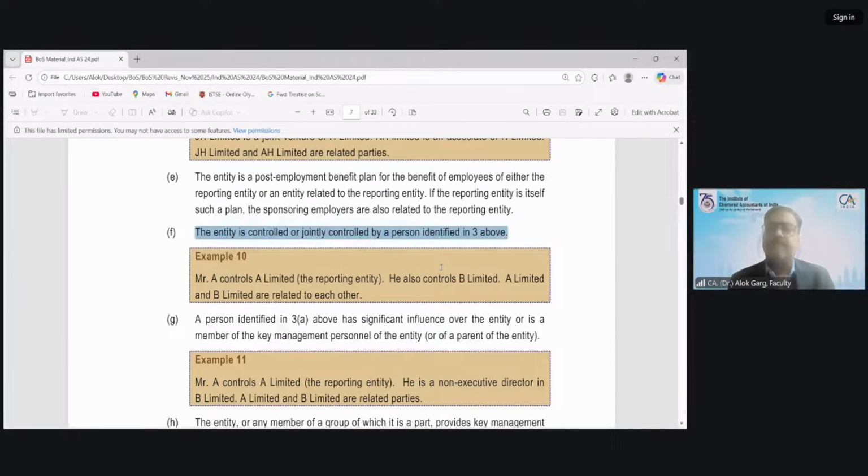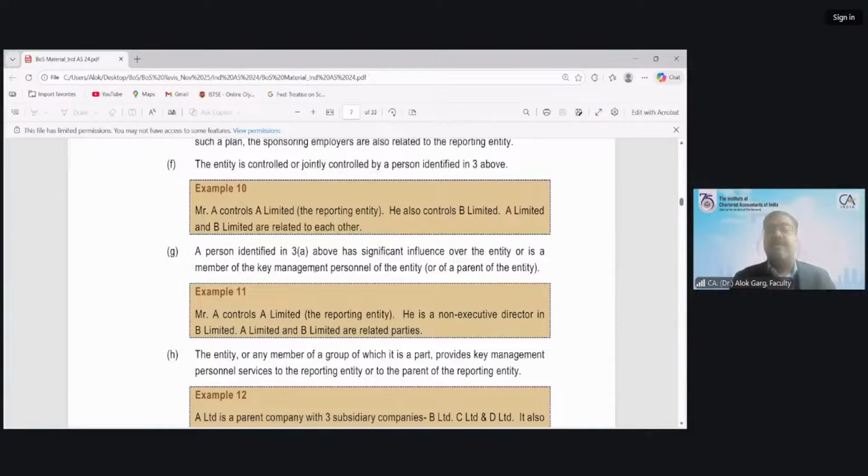So Mr. A controls A Limited. He also controls B Limited. So A and B will become related parties.